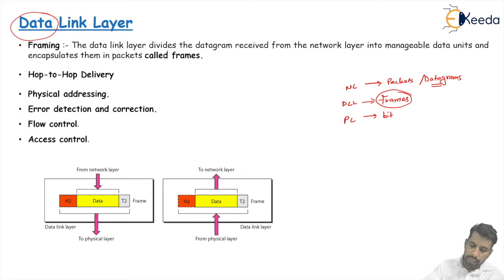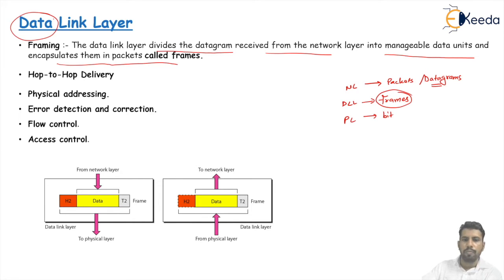Frames means at the data link layer we divide the datagram received from the network layer into manageable data units and encapsulate them in a packet called a frame. The main concept here is the framing of the data units. Framing encapsulates the particular division of the datagram, which is divided into a packet, and adds the header as well as the trailer to that payload.